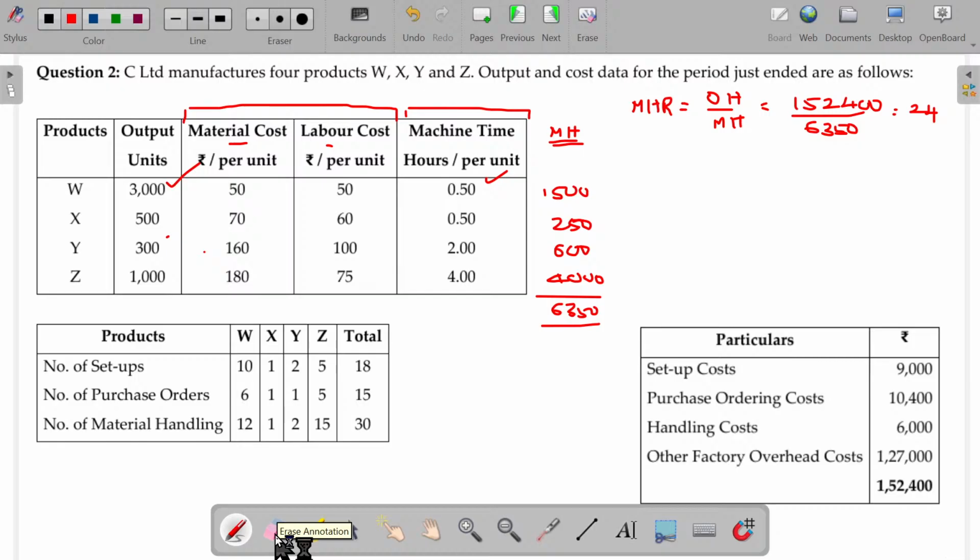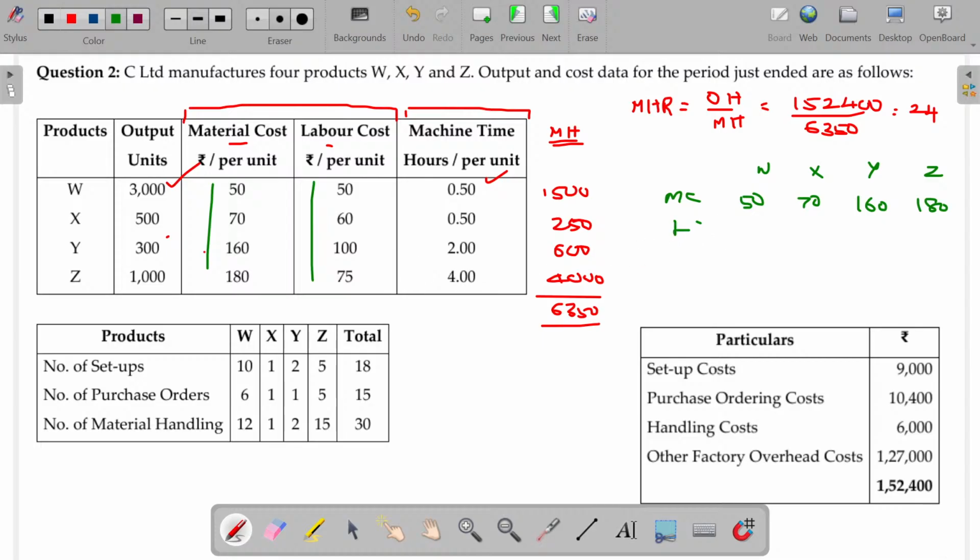Clear? Then under traditional costing, how will you calculate? Under traditional costing, W, X, Y, Z. Material cost 50 rupees, 70 rupees, 160 rupees, 180 rupees.